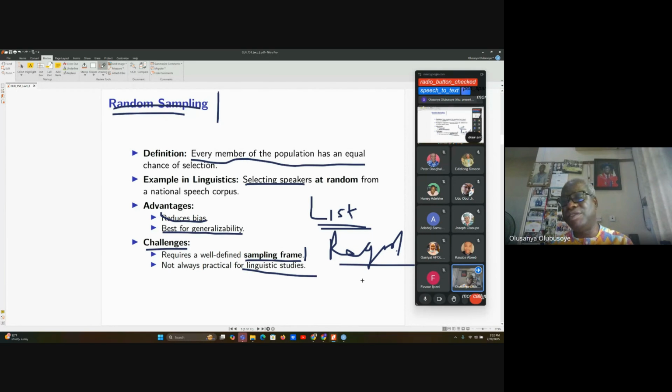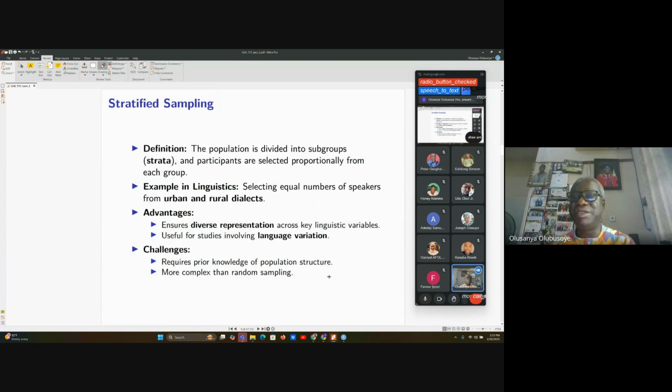Will you be able to list all the Oyos? Will you be able to list all the Ekitis? Will you be able to list all the Jeshas? So there are situations where it is practically impossible to apply the random sampling approach. But it doesn't mean that you cannot overcome those challenges. If there are questions, stop me, otherwise I will just continue.